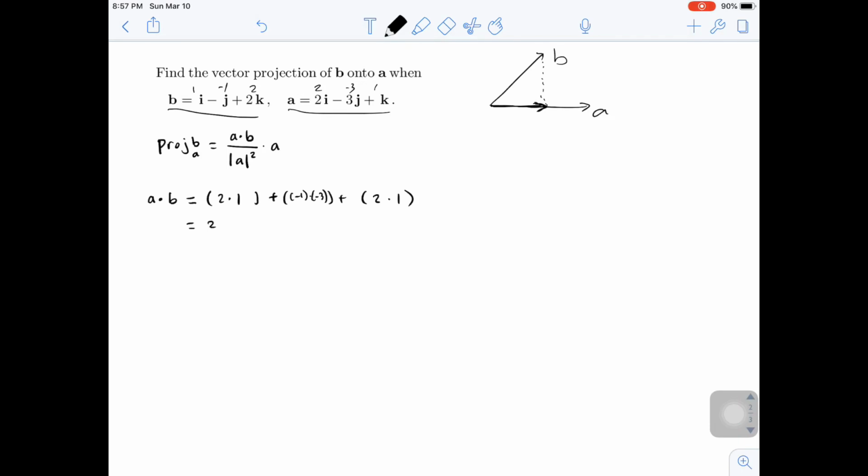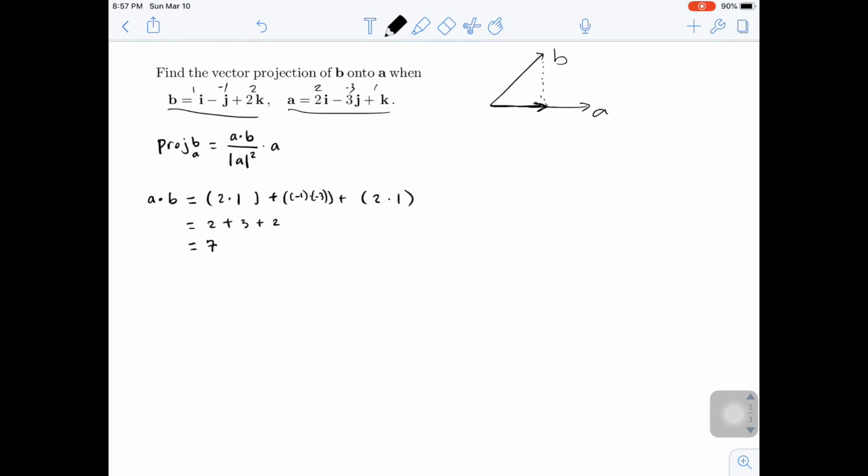So we get 2 plus 3 plus 2, and that gives us 7. So for the dot product we have 7.